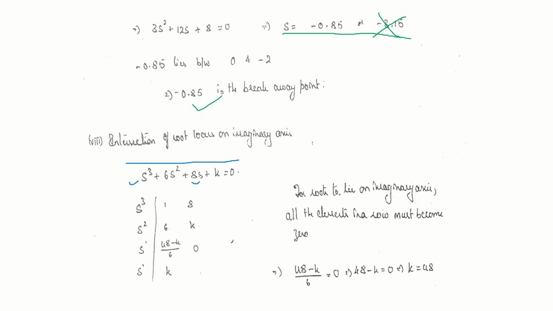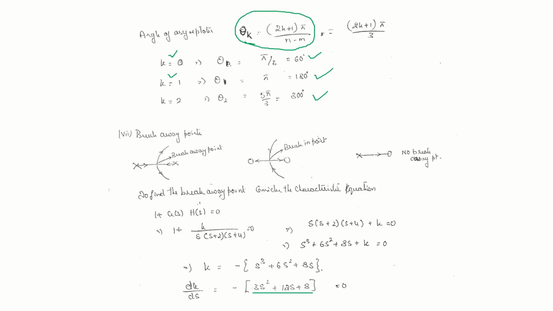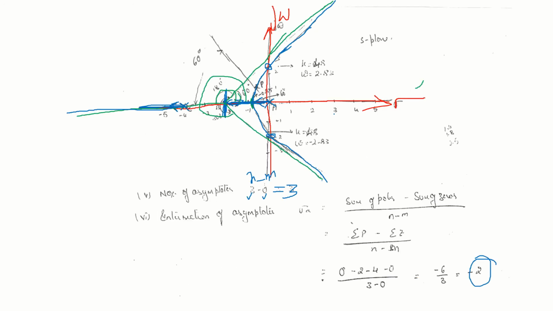So 48 minus k by 6 must be equated to 0, so you will get k equal to 48. So that means at this point, the k value is 48.